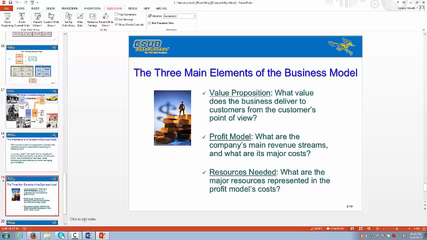Variable costs, we have a lot of them. I'm just going to give one example. Instructor salaries. So in order to have a class, you have to have somebody standing up here teaching it. And the more classes we teach, the more salary we have to pay for instructors. So as the delivery of the product increases, the variable costs increase. Fixed costs, a good example of that is the cost of maintaining all these buildings here.